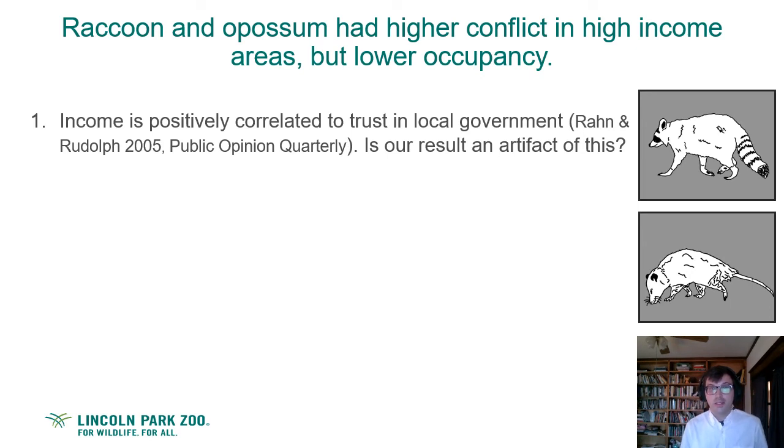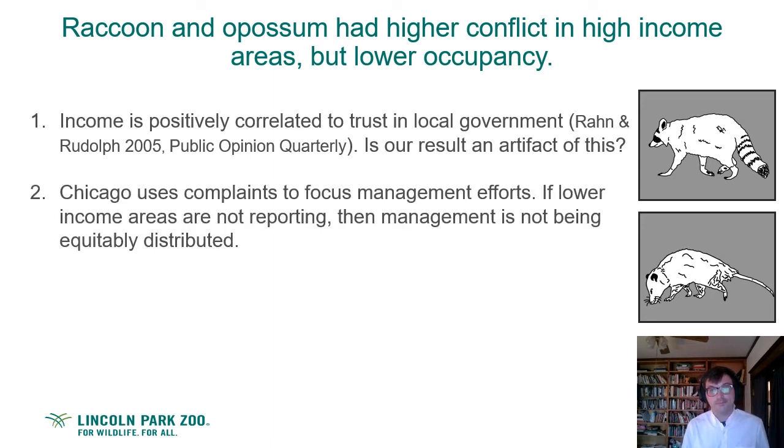And so it could just be that these results are actually an artifact of this. It could be that conflict happens all the time in low income areas, but no one is reporting it. And this can actually be a really big problem because Chicago actually uses these complaints to focus their management efforts. So if low income areas are not reporting, then management is not being equitably distributed.